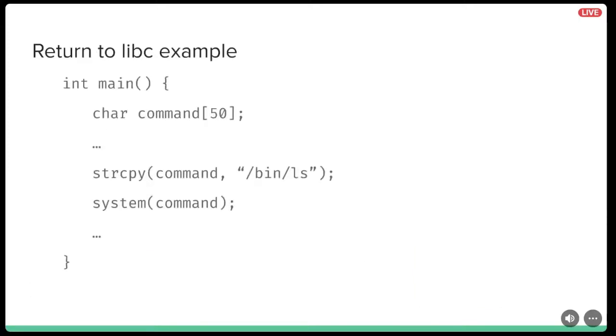So this is just a basic example of it. Here we have a main function that just defines a string and then creates a pointer. Command is essentially a pointer to the string /bin/ls, and then we pass that pointer to the system function.